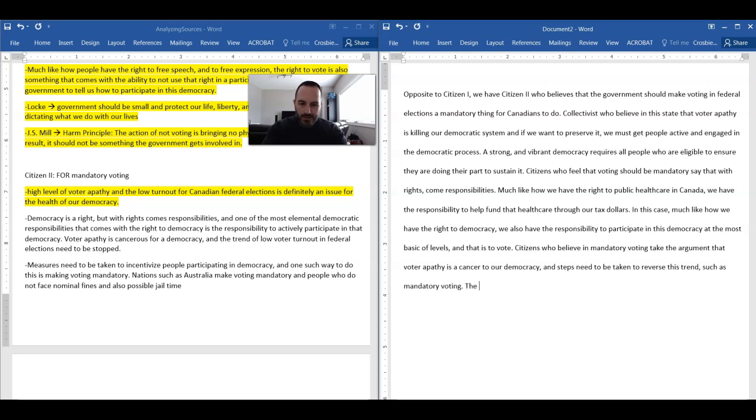The nation of Australia has mandatory voting, and in this nation, if you do not vote, you receive a fine of $20 or possible jail time for not participating in an election.